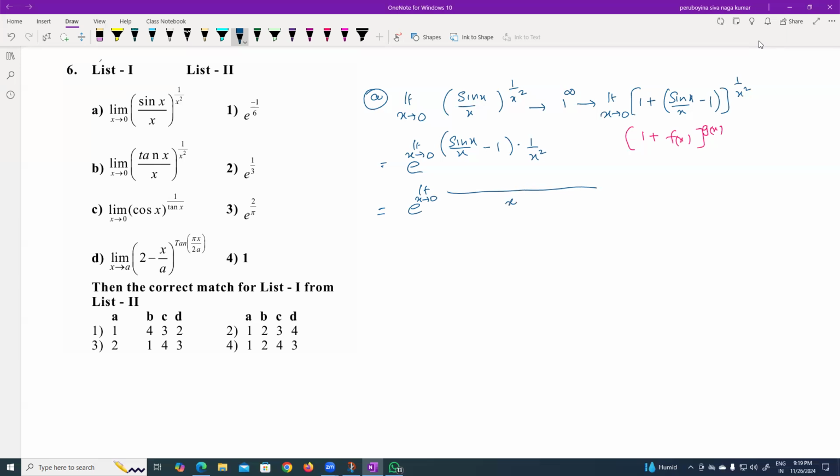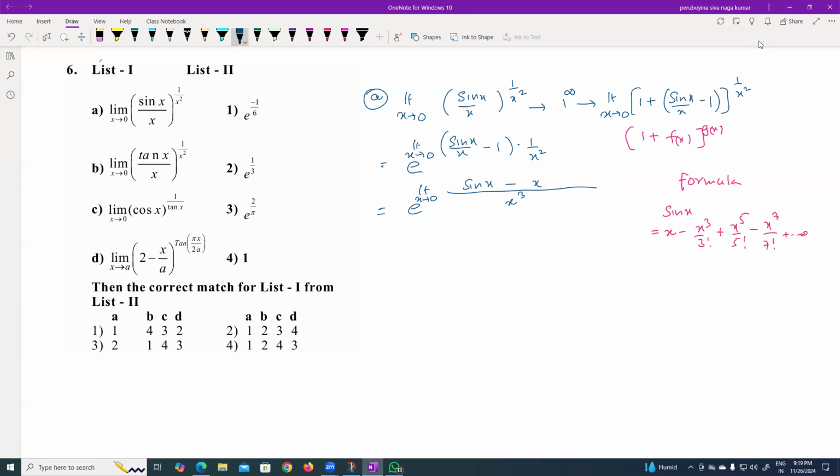Performing the LCM in the denominator, the LCM was x multiplied by x square, so you get x cube. And in the numerator, sin x minus x. We should recall our known formula for the sin x expansion. So what is the expansion of sin x? x minus x cube by 3 factorial plus x power 5 by 5 factorial minus x power 7 by 7 factorial and so on to infinity.